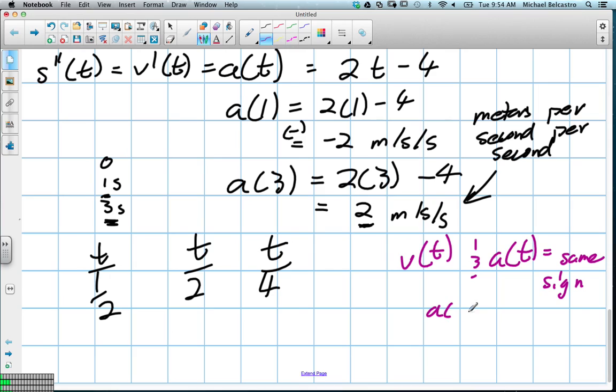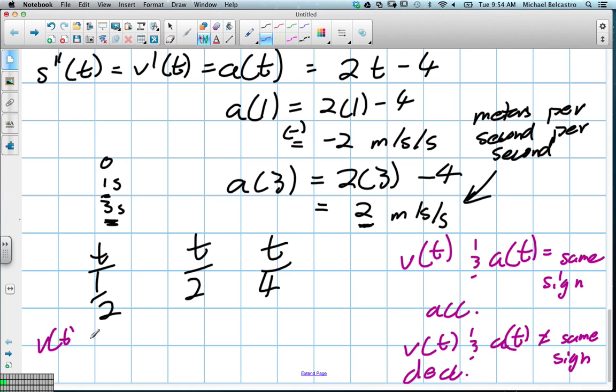then we're accelerating. If velocity and acceleration are not the same signs, then we're decelerating. So, at these points, our velocity in time was positive.